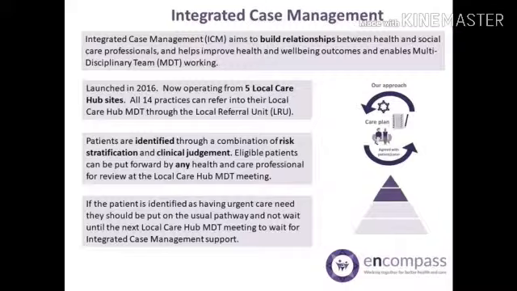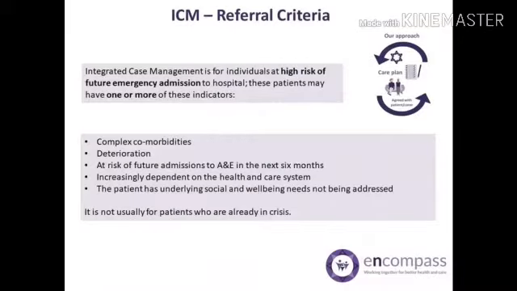So we started off having weekly hub multidisciplinary team meetings, but patients identified as having an urgent care need, we didn't make them wait a week. If we thought there was something we could do between the team, we would phone one another up and try and find solutions, because we don't want to put people at clinical risk.